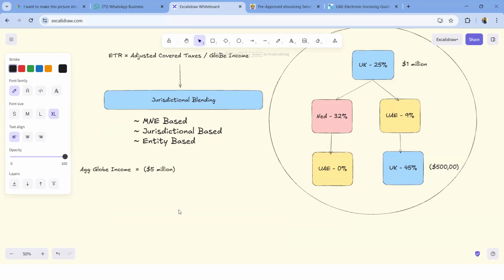The exception is if the numerator, that is aggregate adjusted covered taxes, is also negative. Let's say it is somewhere around 1 million. So if it is also negative, then the idea, the top up tax, what they are telling is, this loss I will carry forward as a DTA advantage. Yes or no?